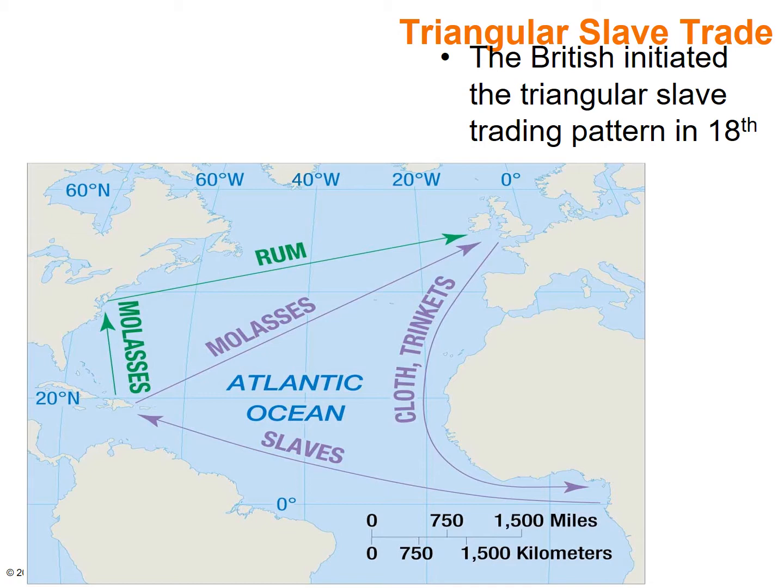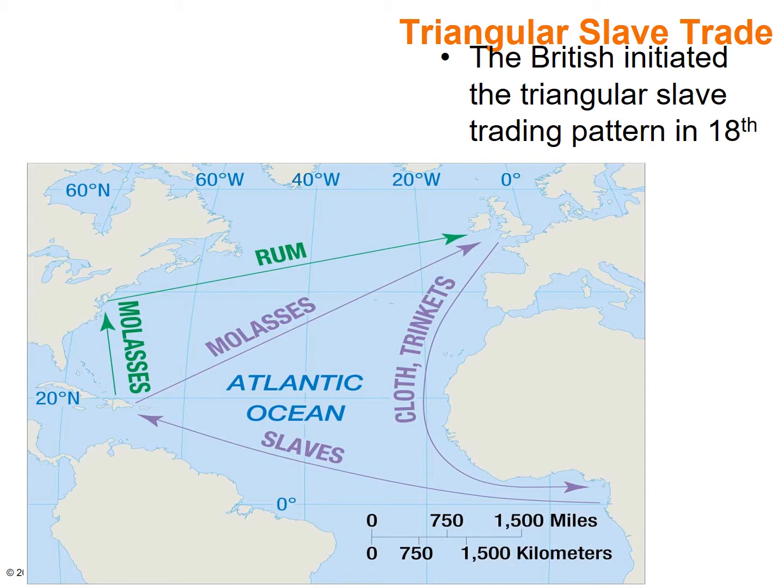But the general idea is that manufactured goods, cloth, trinkets, liquor, and of course guns would be brought from Europe down to Western Africa. They would be traded for African slaves through African traders, and those slaves would be loaded up on ships, taken across the Atlantic.